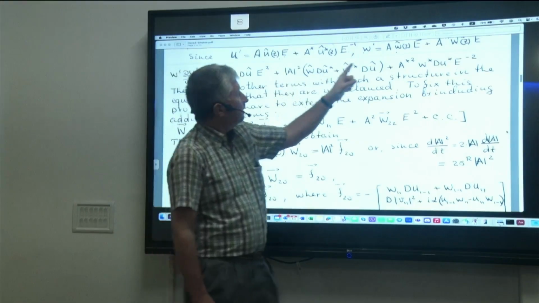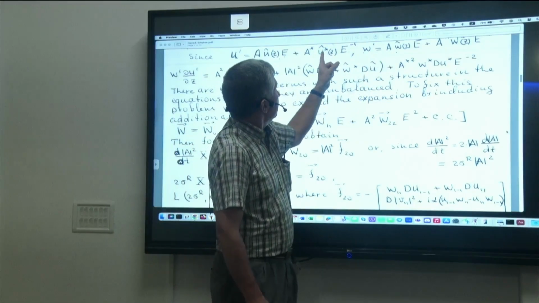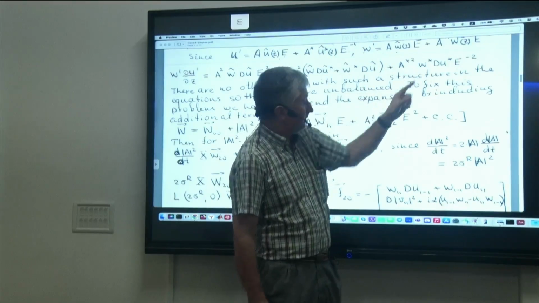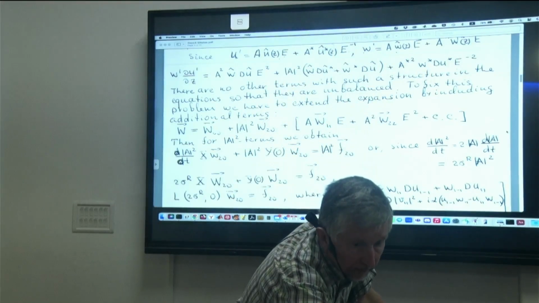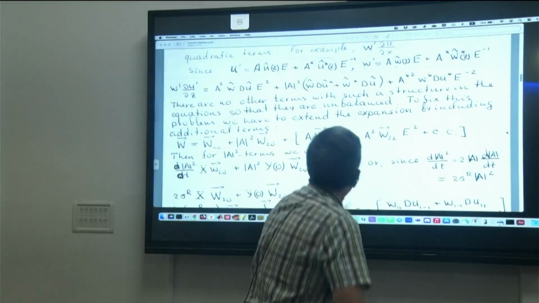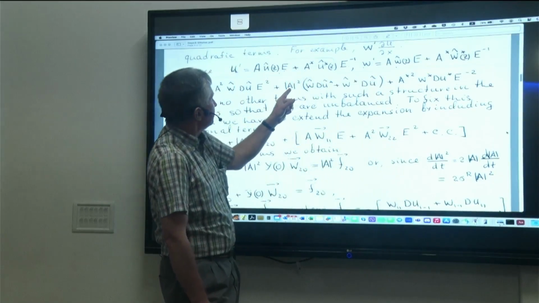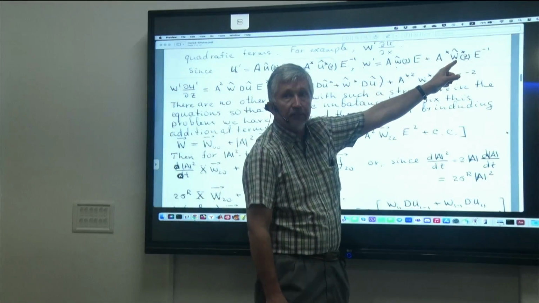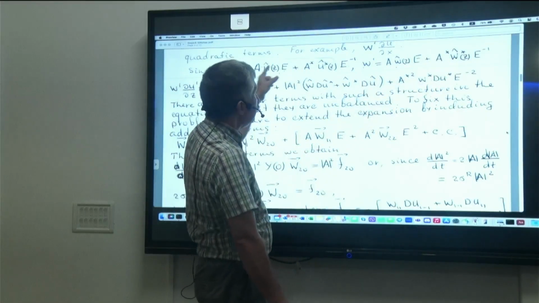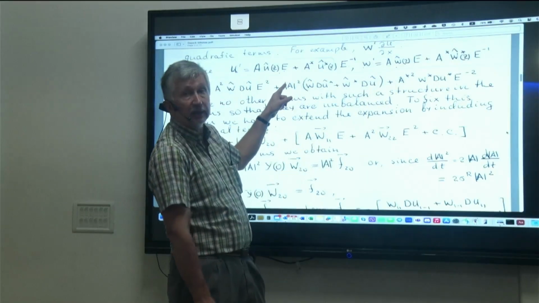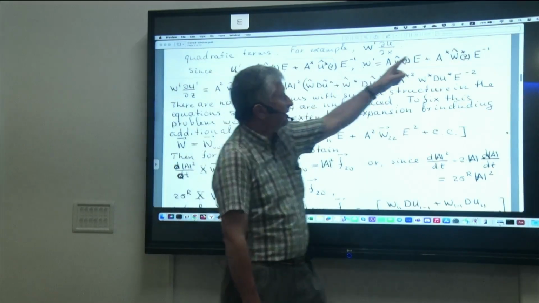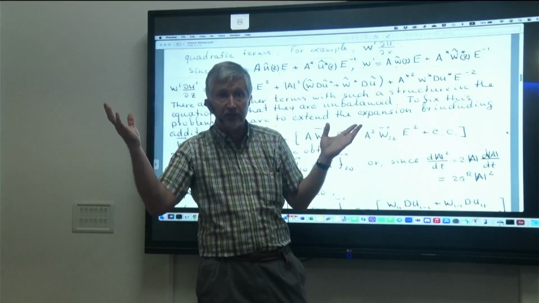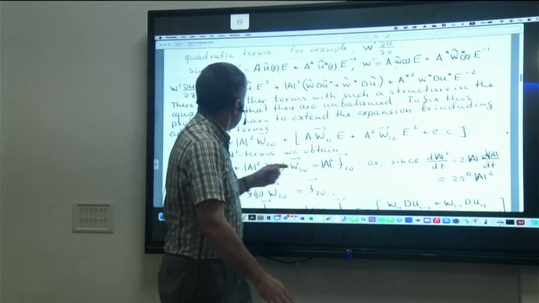It is this multiplied by the complex conjugate of that. So this comes from this multiplying that. So you have A times its complex conjugate, which gives you magnitude squared. E multiplied by E to the minus 1, cancellation, right? It is E to the power 0. That's why it is not there.